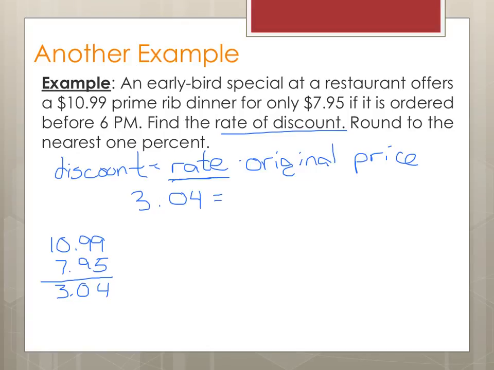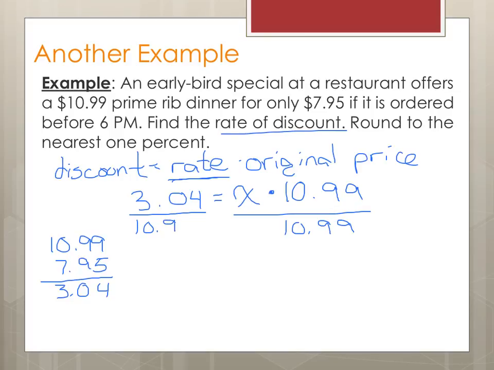That's going to equal our unknown rate, we'll call that X, times the original price, which was $10.99. Okay, we're going to have to divide both sides by $10.99 to get X by itself. Those will cancel. Then we'll do $3.04 divided by $10.99.